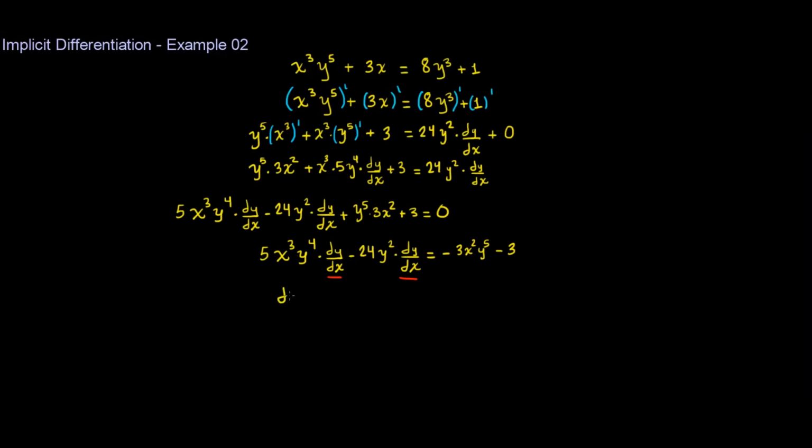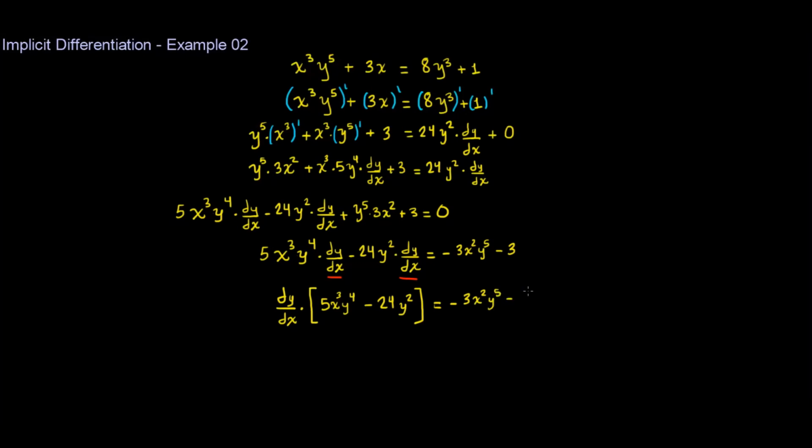So this will look like this: dy over dx times, I'm going to use a bracket just because I like brackets here, 5 times x cubed y to the fourth, minus 24 y to the second power. I'm going to close this bracket, and it will be equal to negative 3 times x to the second y to the fifth minus 3.